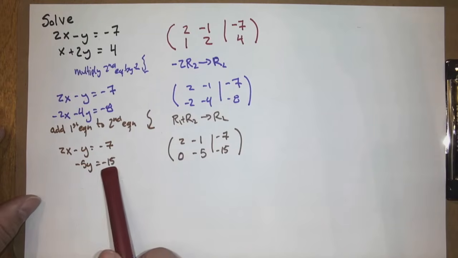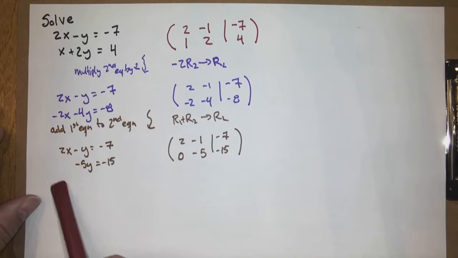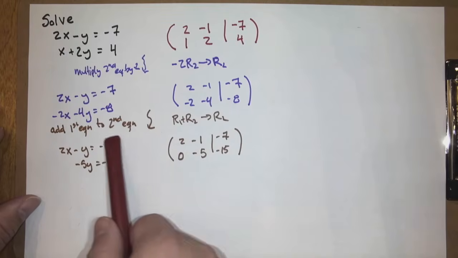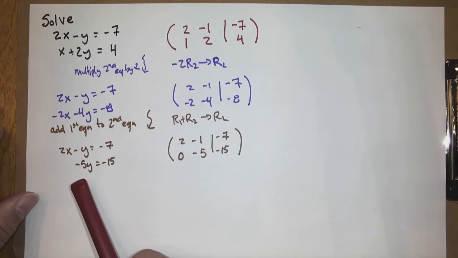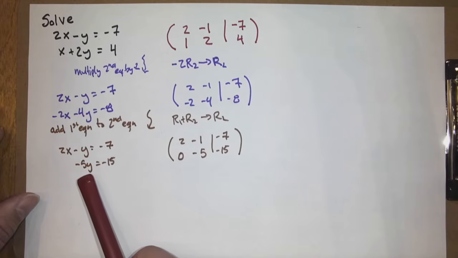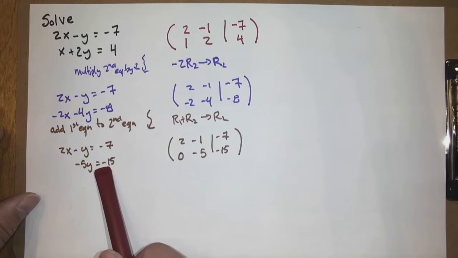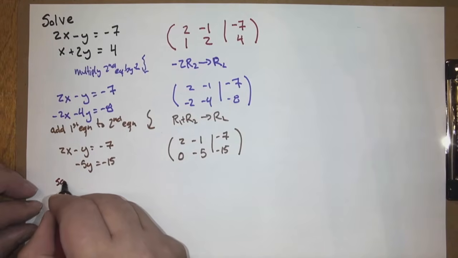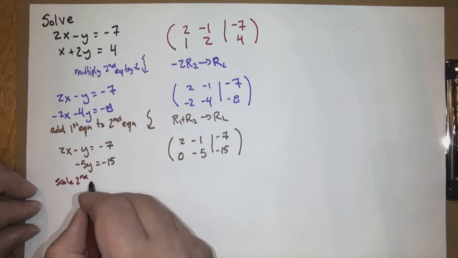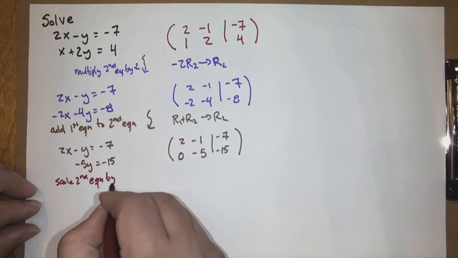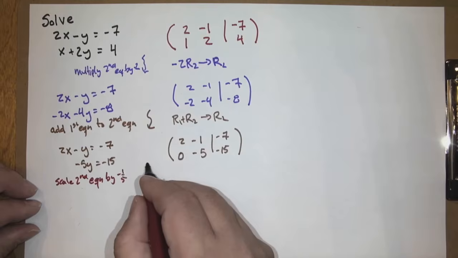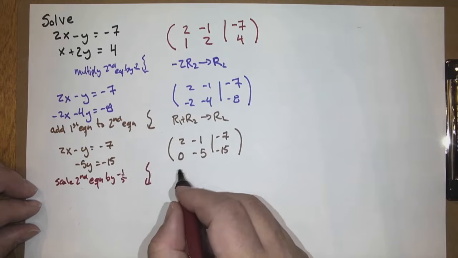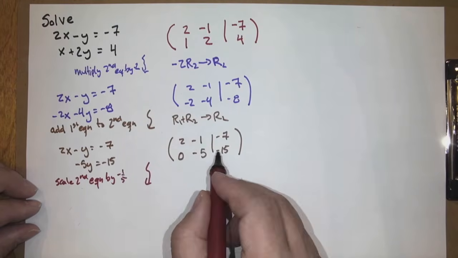If you just saw this left-hand side, just the system of equations, what would you want to do? You'd like to scale the second equation, right? So let's do that. Okay, so we're going to scale the second equation by -1/5. This over here says, okay, the second equation is row 2.